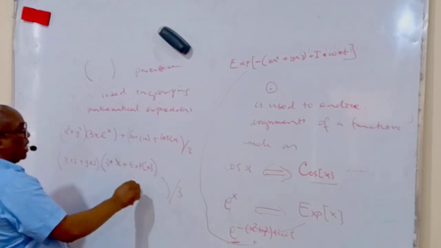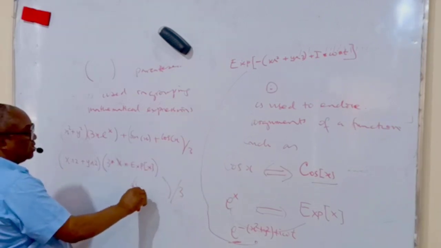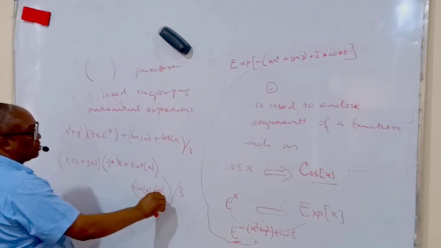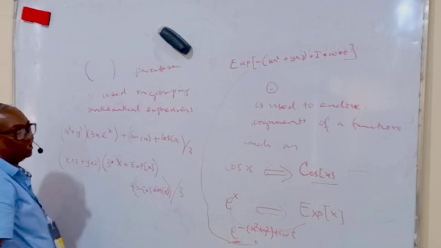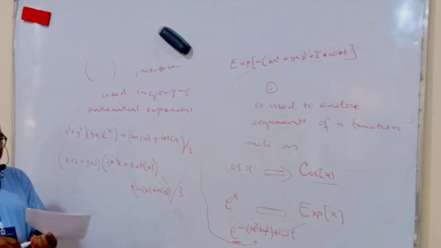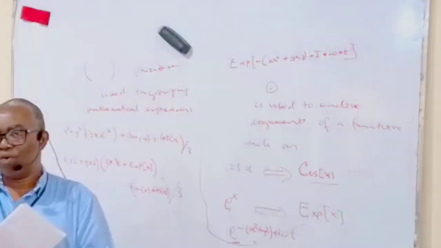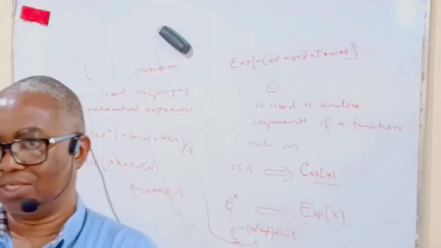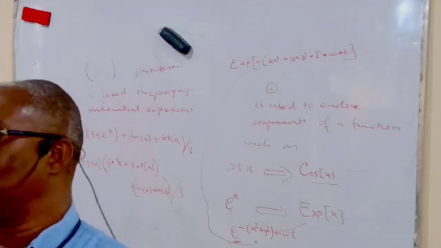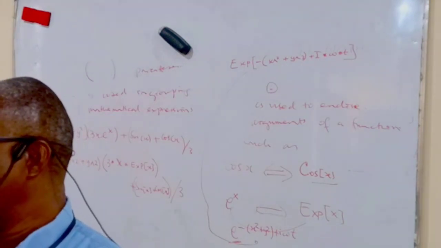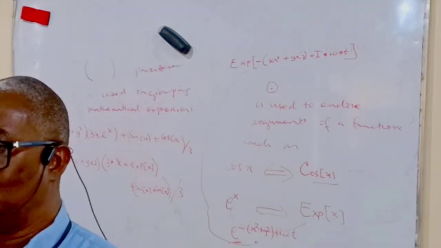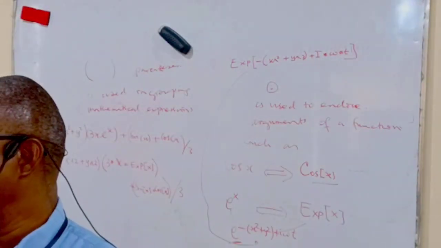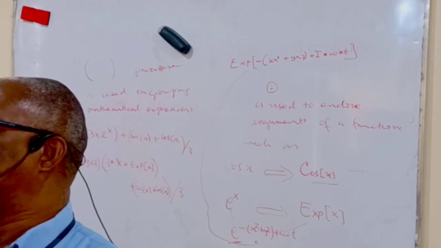So I will have sine of x plus cos of x. So you have to be careful when you are using division. Grouping matters a lot. Otherwise, you will not get the right answer. Once you divide the way it is not supposed to be, you will not get your right answer. Then you commit a semantic error.